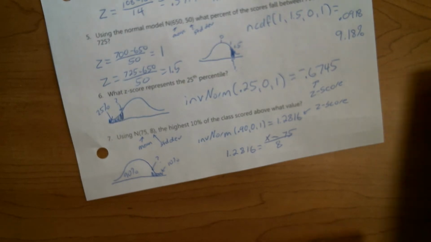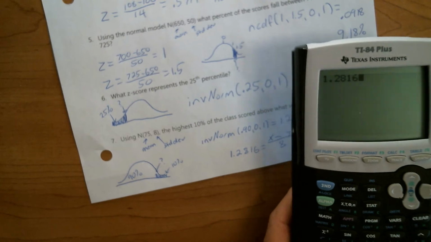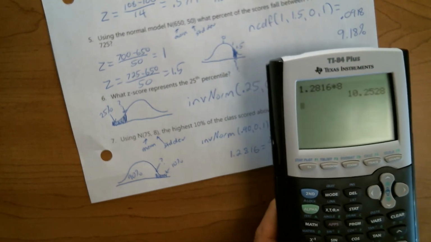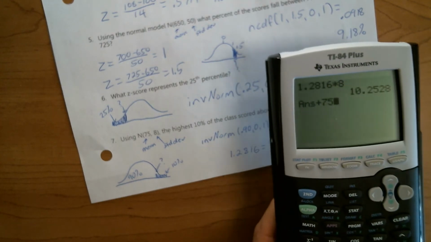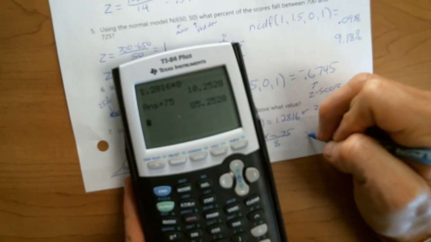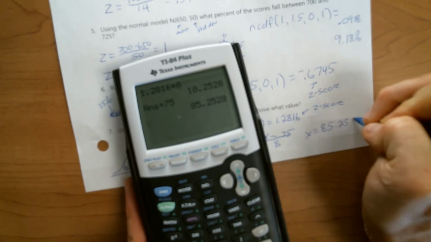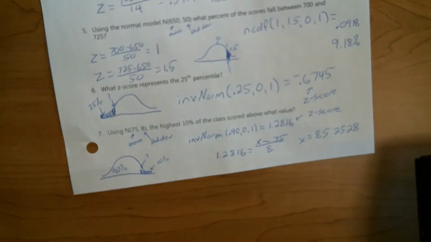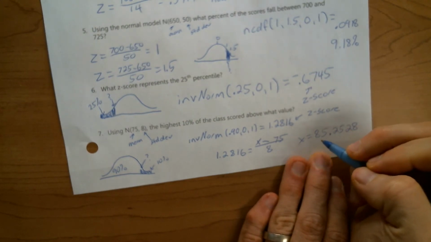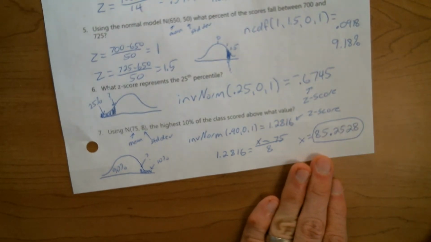So then it's just a matter of solving that simple equation. So 1.2816 times 8, because you're going to multiply both sides of the equation by 8. And then you're going to add 75 to both sides of the equation, and you're going to end up with x equals 85.2528. All right, so that would be your final answer, which is basically saying the highest 10% of the class scored above an 85.